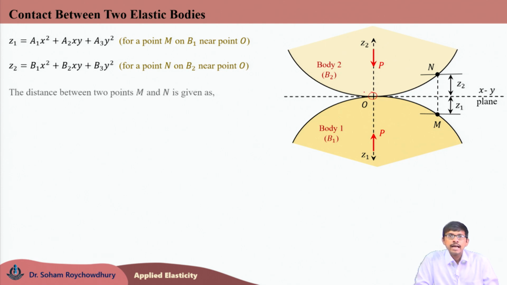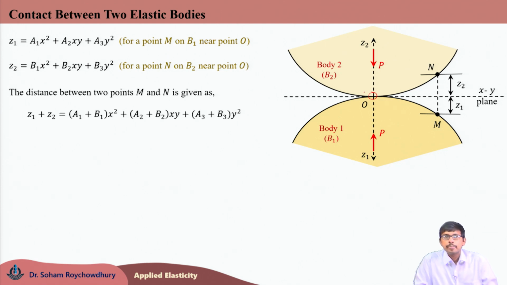O. Now, we can sum these two up. Z1 plus Z2 will give us the total normal distance between these 2 points M and N, which would be A1 plus B1 times x square plus A2 plus B2 times xy plus A3 plus B3 times y square. Now, x and y, these are the two in-plane directions.